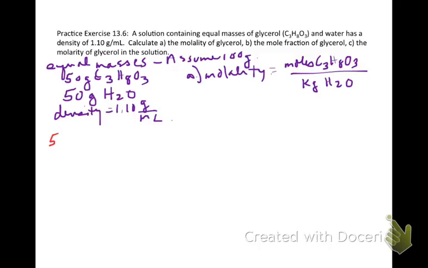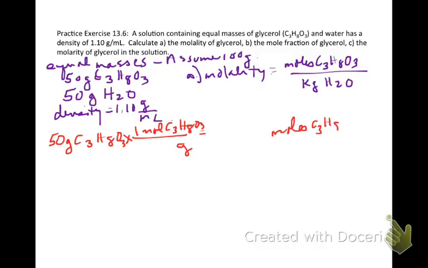So if I have 50 grams of C3H8O3 times however many grams there are in 1 mole of the C3H8O3, I'm going to calculate the molar mass.